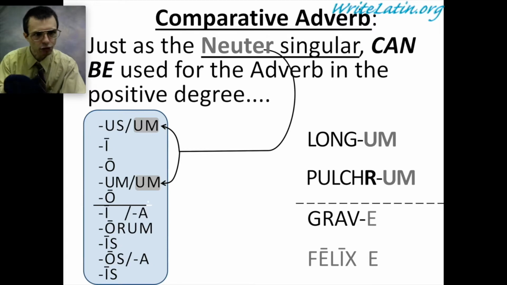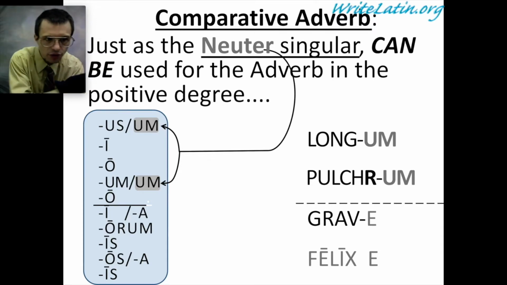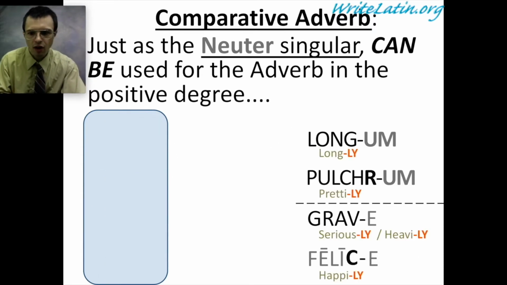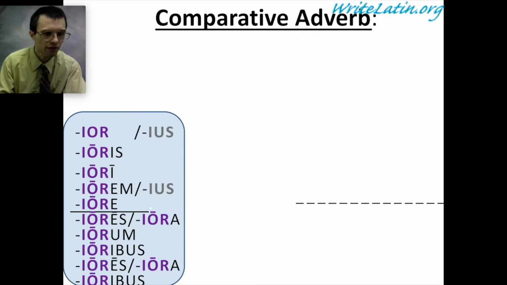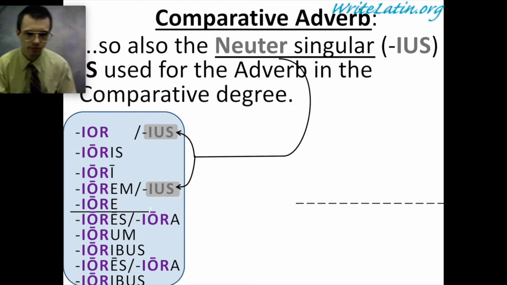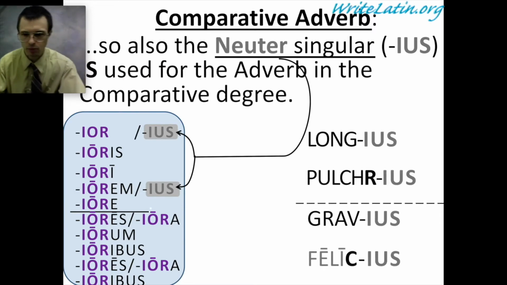Like aegrum could mean not just a sick thing, but also sickly. Now you could also say aegre or tristiter. So there were three options, but one of the options was the one which is also the neuter. So you should expect naturally that it would be completely normal that also here in the comparative, the neuter form is going to do double duty for the adverb.